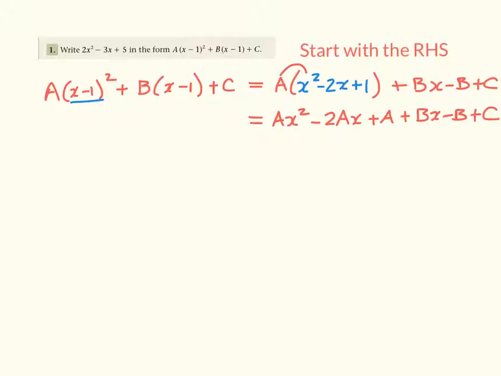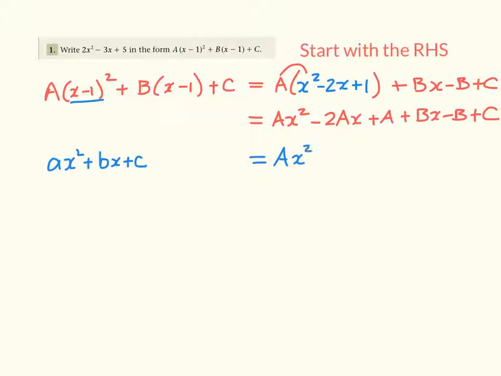Now remember, these are identities, so we want this to look like this. So next step is to get our similar terms together. So the ax squared is going to be by itself. We want it to be something x squared plus something x plus c.